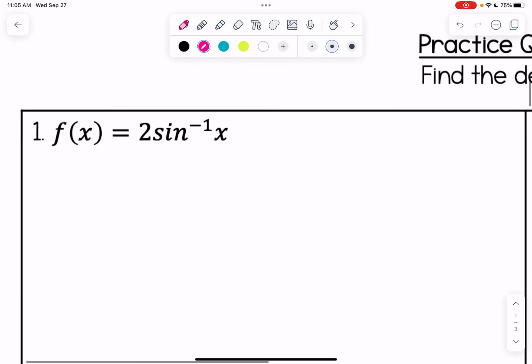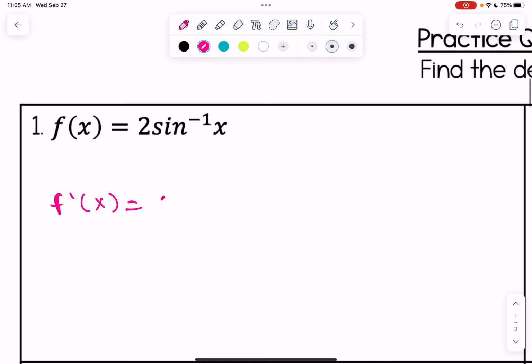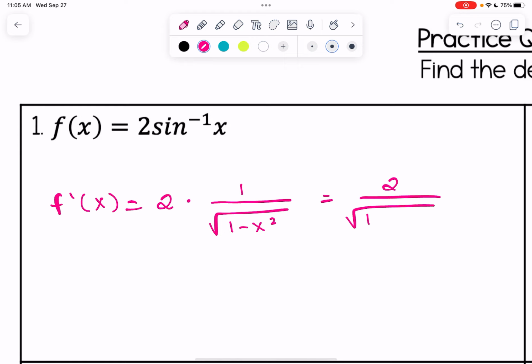All right, so number 1 says we're going to find the derivative of 2 inverse sine of x. So what we're going to do is find the derivative using our reference above here. So that's 2. I'm going to keep the 2 as it is, times 1 over the square root of 1 minus x squared. And we could simplify that if we want and just put the 2 on top.